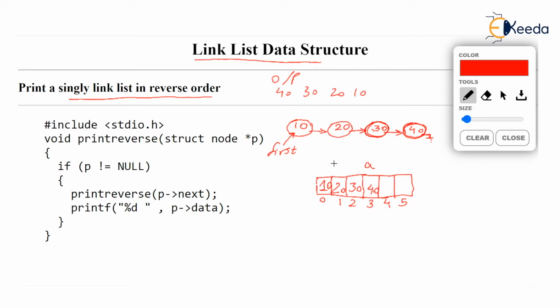Now we will start from the last used location of the array, and we will print this array backwards using a reverse for loop, doing something like for I is equal to n minus 1, I greater than or equal to 0, I minus minus. We will go backward in the array, and hence we will get the output 40, 30, 20, 10.